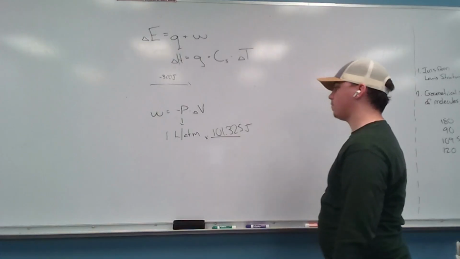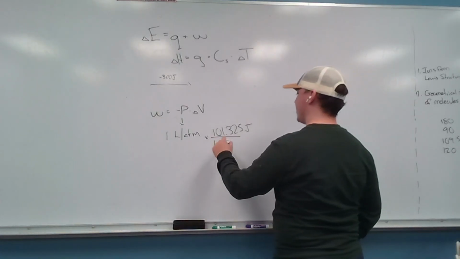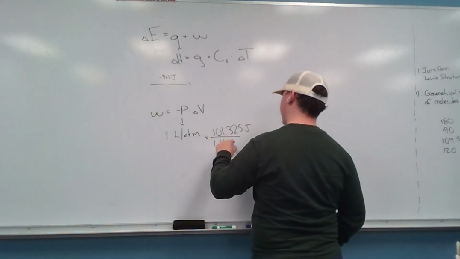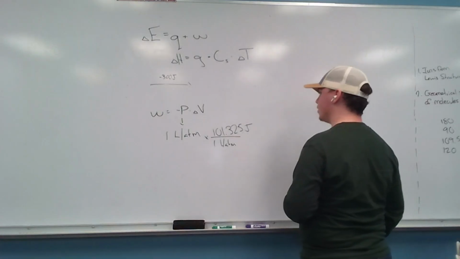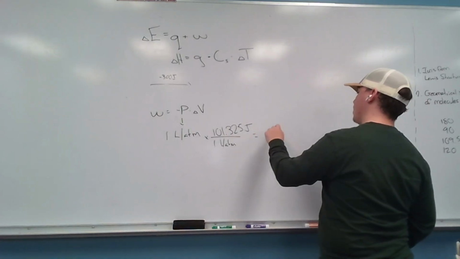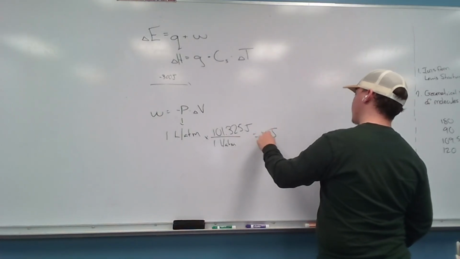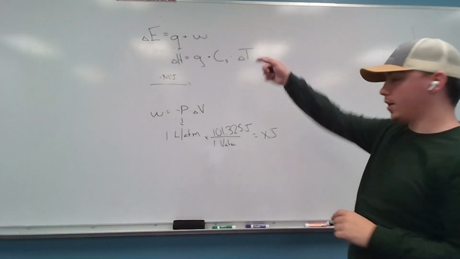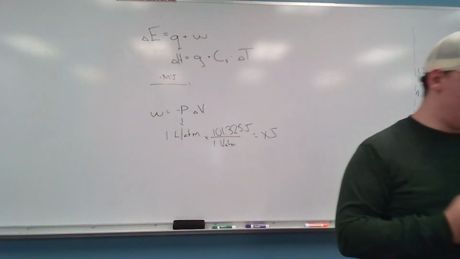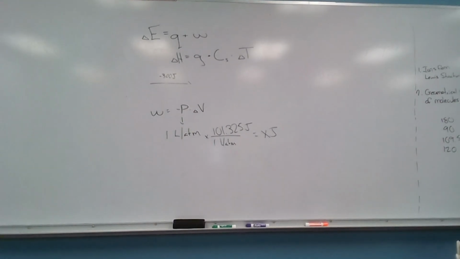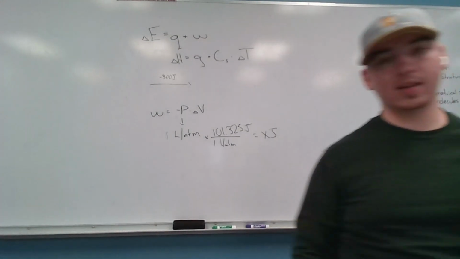Easy as that. You just multiply, and then all of a sudden you have your amount in joules, x joules, and then you can plug it into that equation. Is that on my formula sheet? Yes, it is on my formula sheet. Let's see if I have anything else. I literally think that's it.